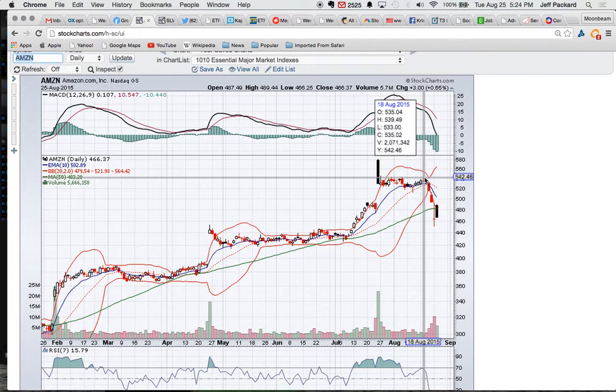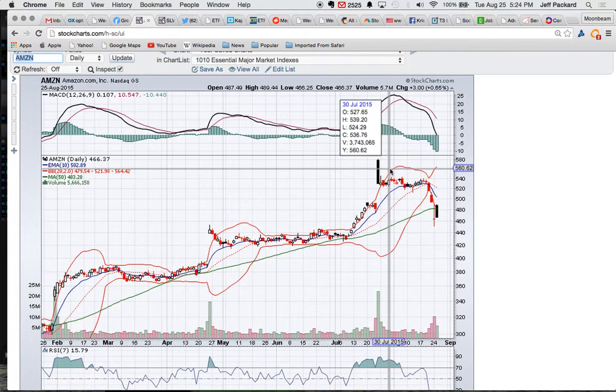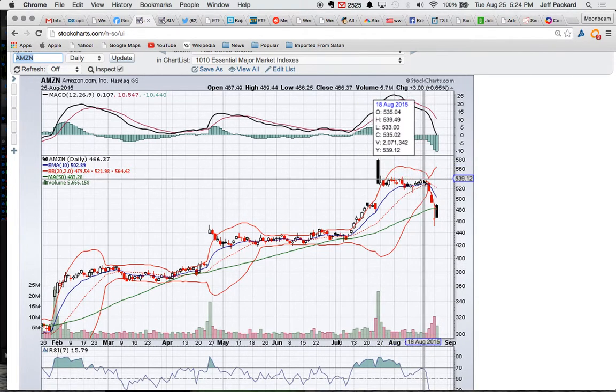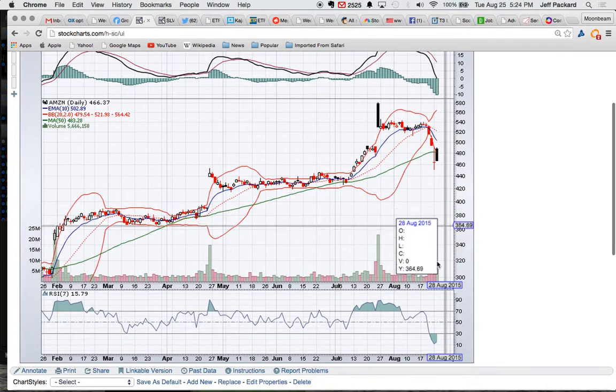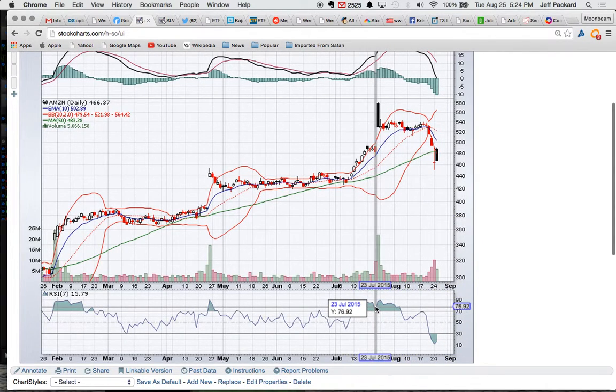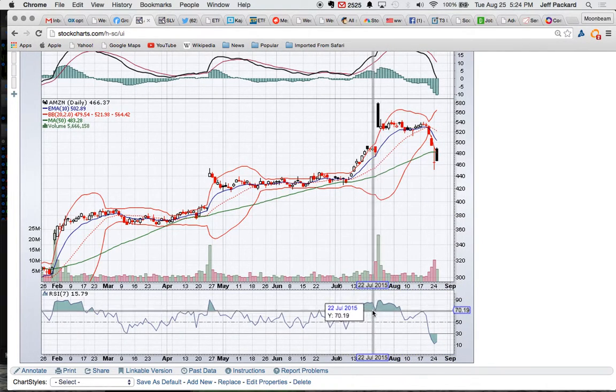Now with the market, I told a coaching client, I said, I'm just going to buy some puts on Amazon. And the reason why is because it was overbought. Again, if you watch some of the videos in the online class, with the RSI, if it's above 70, it's overbought.